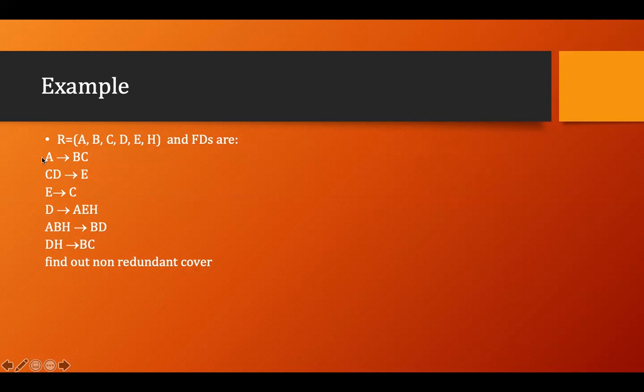It means we have to remove those functional dependencies which are duplicate, which are redundant among these functional dependencies which exist here. Okay. So here we don't have to bother about what the data inside the table or inside a relation is. We have to see the functional dependencies, and based on the functional dependencies, we have to find out the non-redundant cover. So let's see how we can solve this.